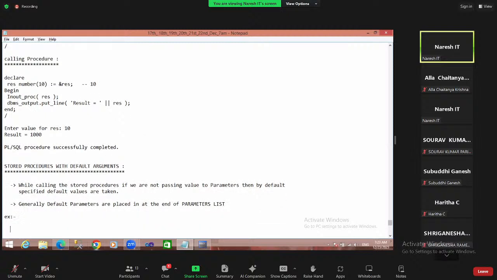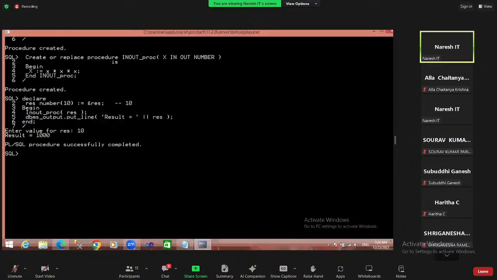See an example: a stored procedure to insert data into the department table. We know the department table data. We have three values: department number, name, location.